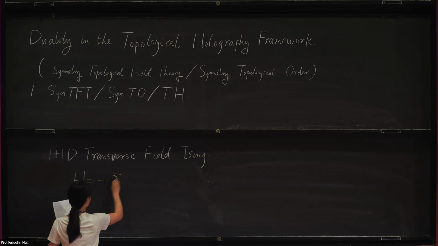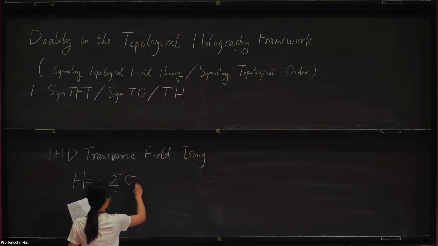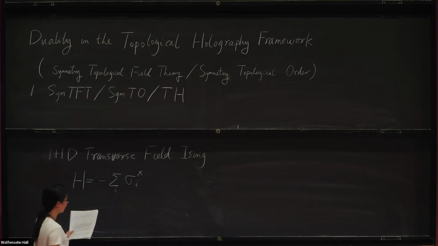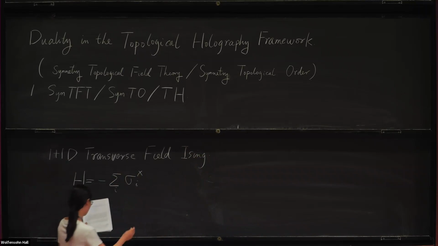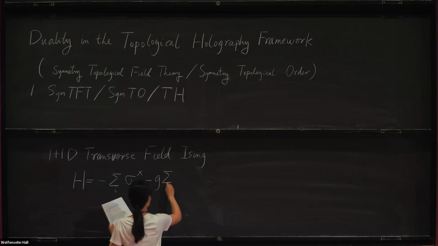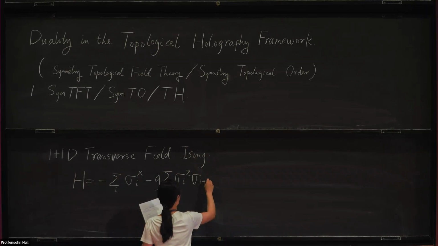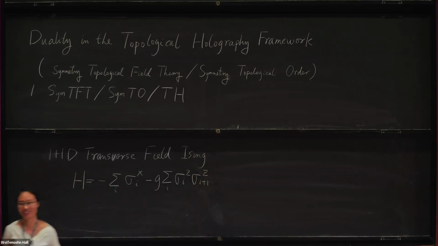I'm just writing it down and talking about it again. So this is a spin-1/2 chain with a transverse field and with Ising coupling between nearest neighbors. Everybody knows this.